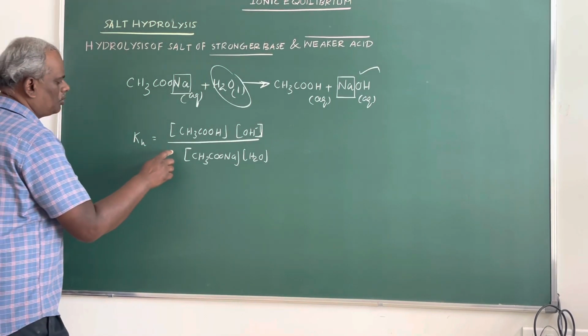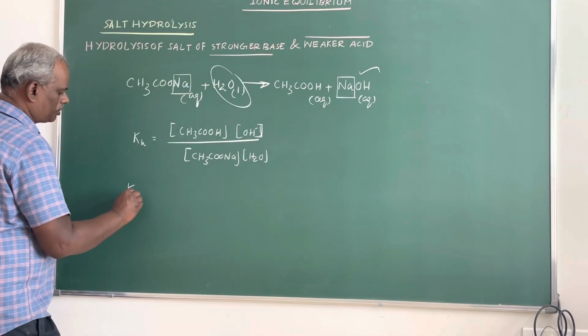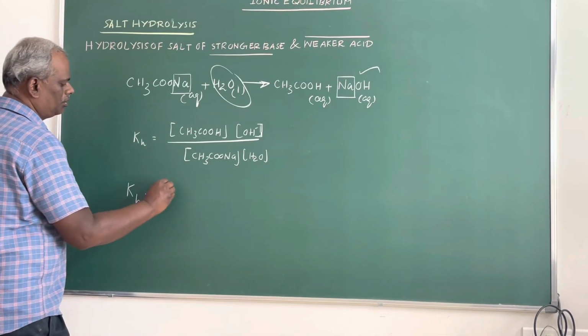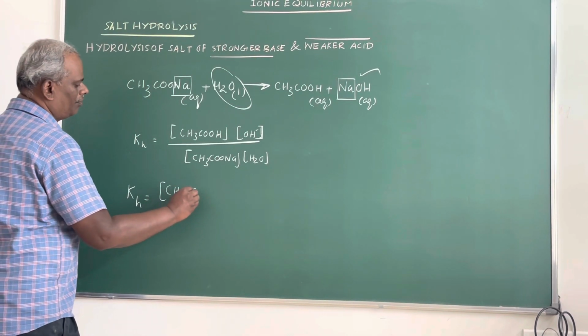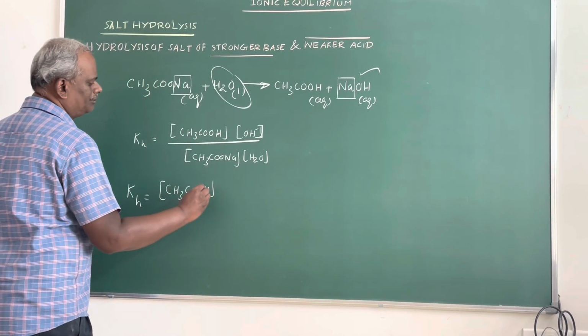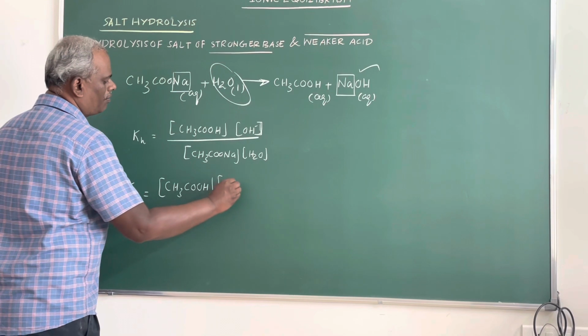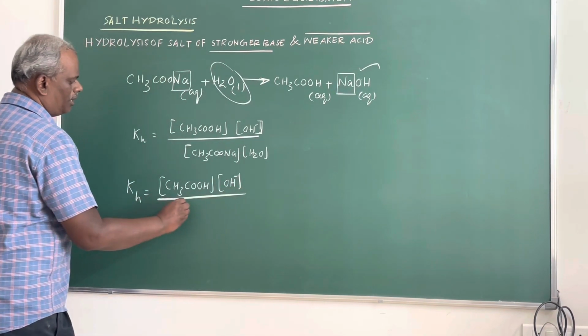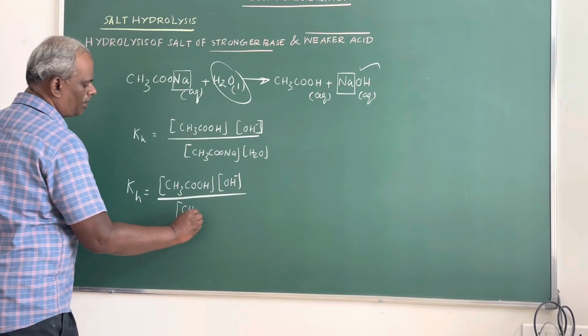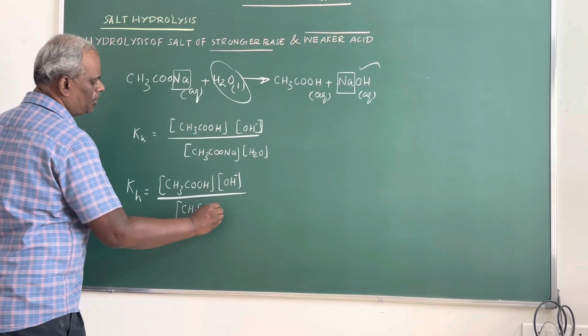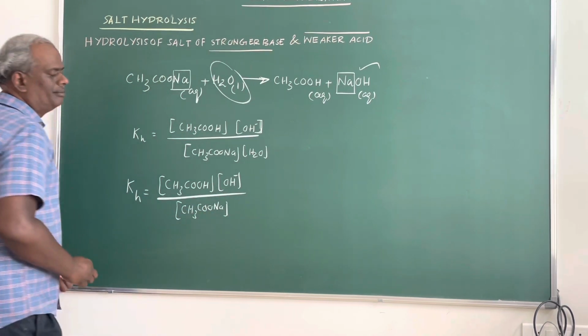So this particular equation can be rewritten as follows: KH is equal to the concentration of acetic acid times the concentration of hydroxide ion divided by the concentration of sodium acetate, CH3COONa.